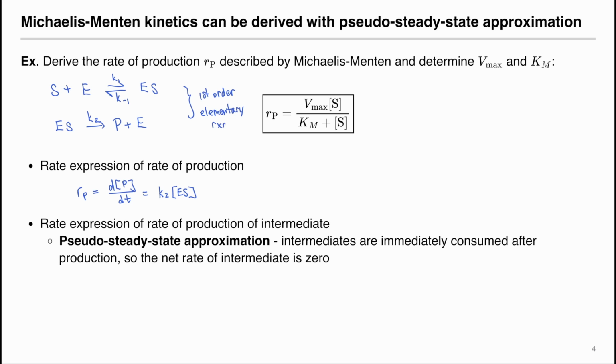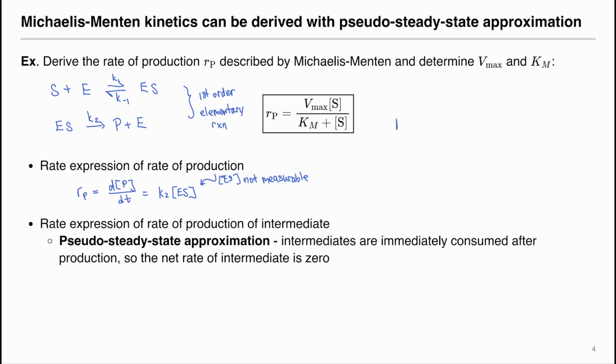So they obey the power rate law. However, we notice that the concentration of ES is not measurable. We cannot measure ES because it is a reaction intermediate, and we cannot know its concentration.